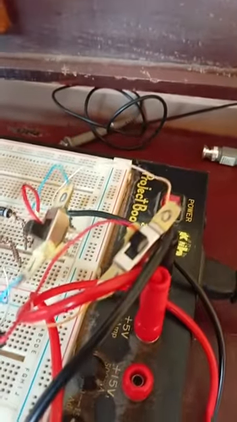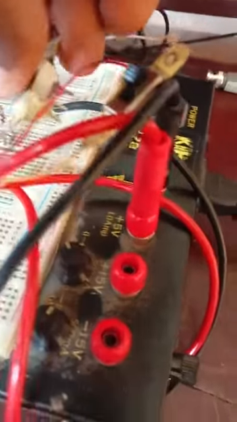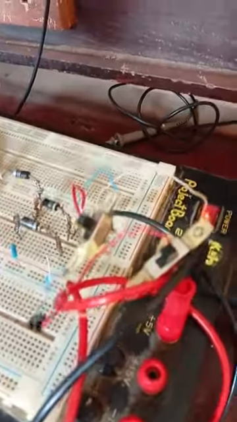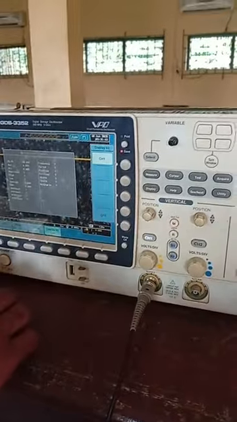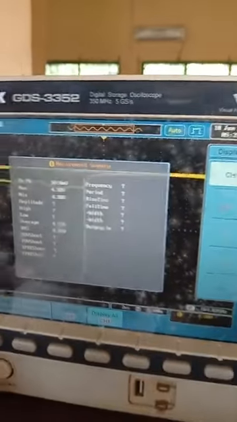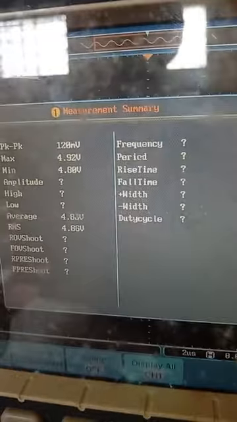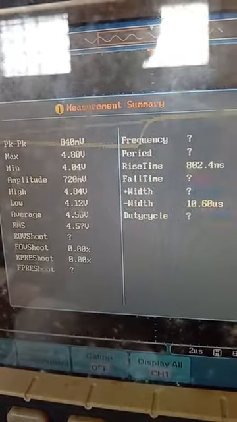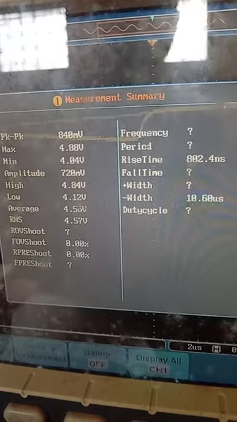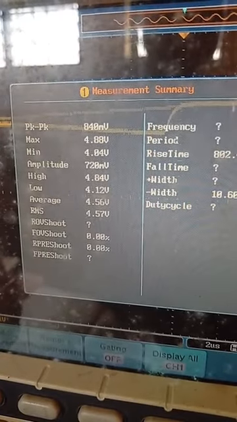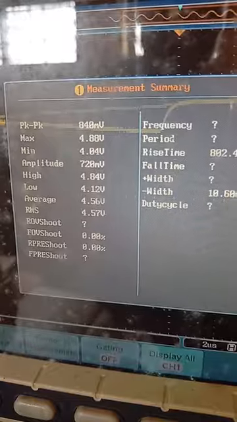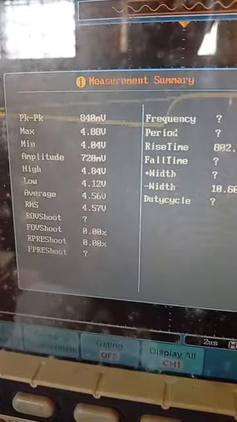Now let's put both switches at 0. Let's see what the value from the oscilloscope will be. Let's measure. When we put both our switches at 0, the maximum is 4.88 volts. You can see we have the peak to peak value, and that's the waveform, though we are not looking for the waveform.